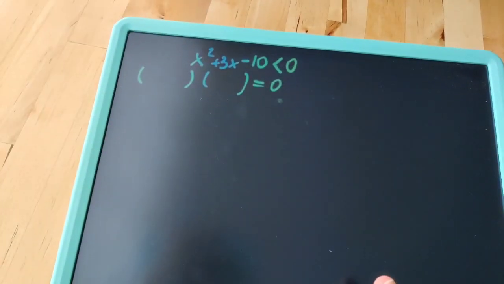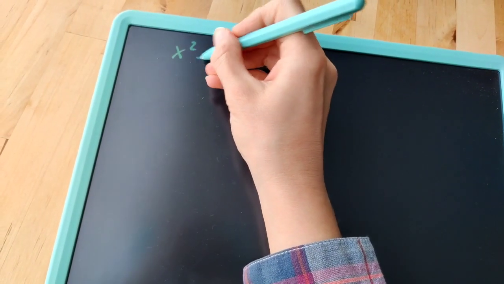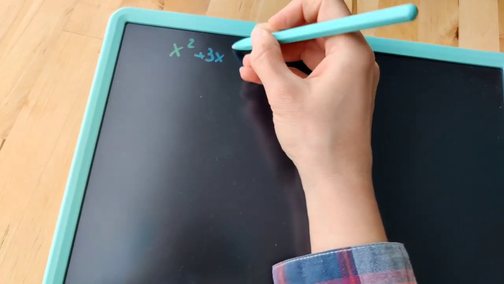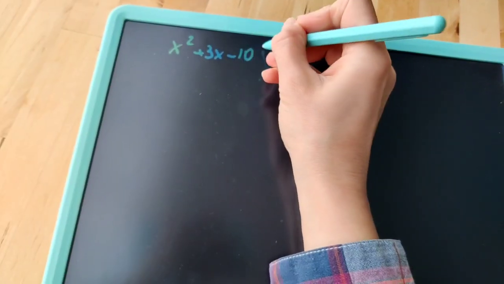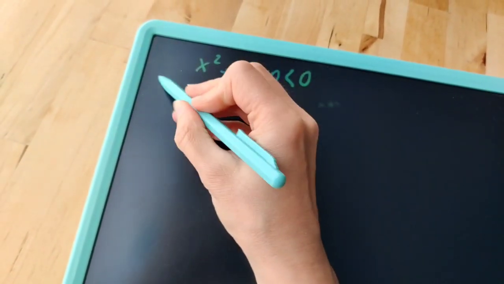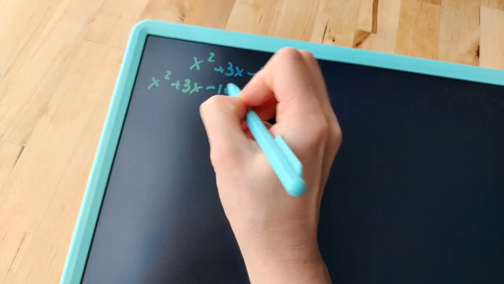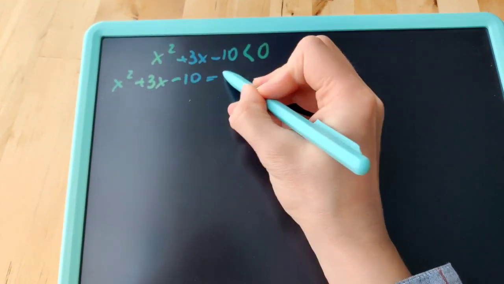So we're going to make this equal to 0: x squared plus 3x minus 10 equals 0.